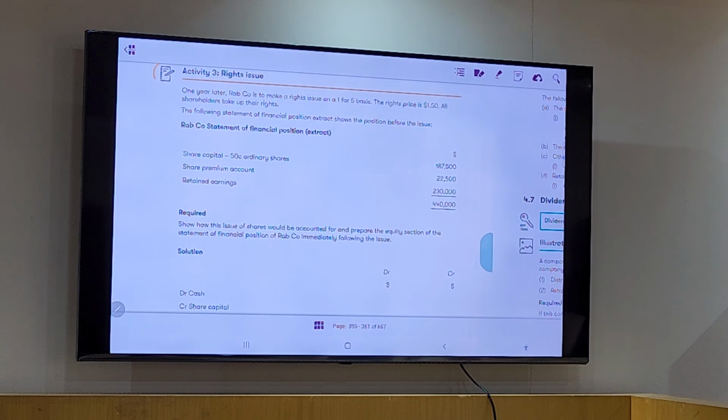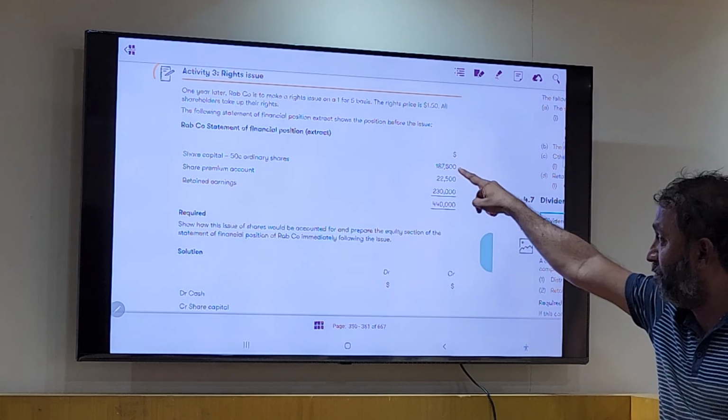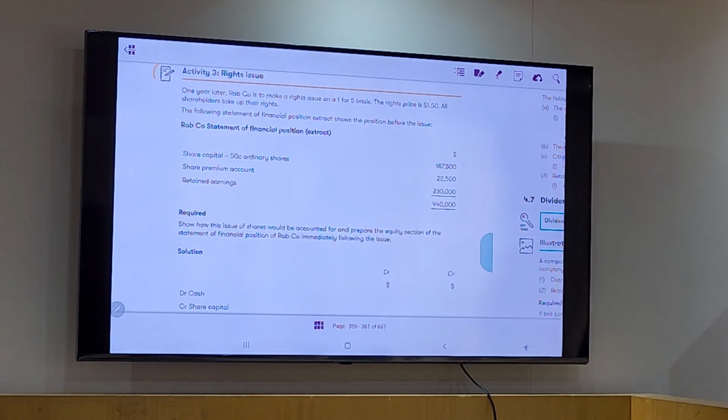It's a continuation from the previous example. Already they gave it here, you see. This is 1.5.